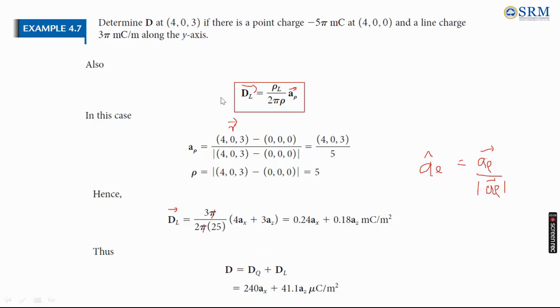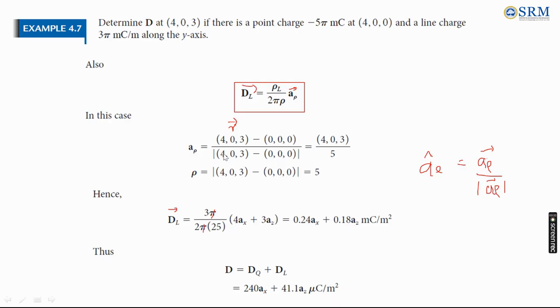The second part is I have to find the electric flux density due to the line charge. Just now we have seen that formula. It is equal to rho L divided by 2 pi rho, into A rho cap. Here A rho cap is the vector r minus r dash, where r dash is going to be 0.